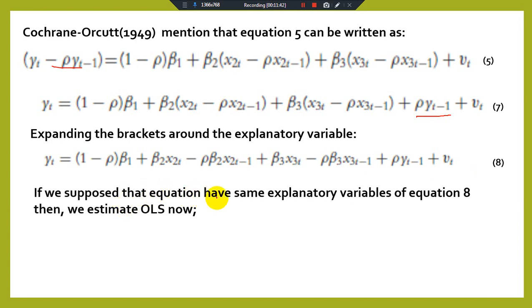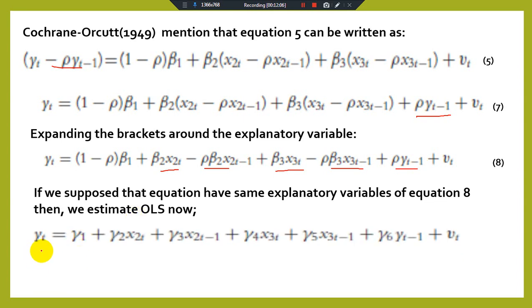If we suppose that the equation has the same explanatory variables as equation 8, then we estimate by OLS. Suppose we have this independent variable, this, this, and this. Then we have to run this equation as an OLS.